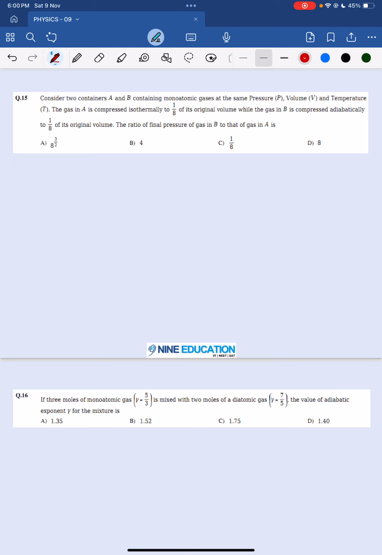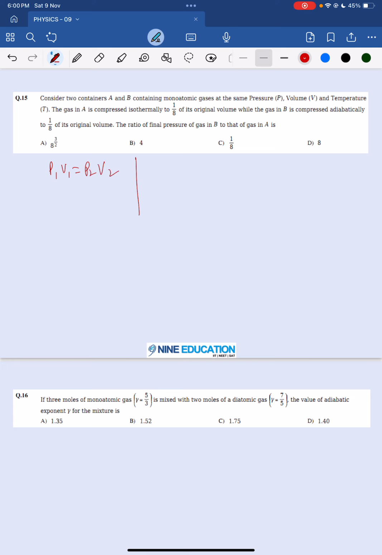Okay, so what is question number 15? Question number 15 says: consider two containers A and B containing monatomic gases at the same pressure, volume and temperature T. The gas in A is compressed isothermally to 1 by 8 of its original volume. For an isothermal process we know that P1 V1 equals P2 V2.